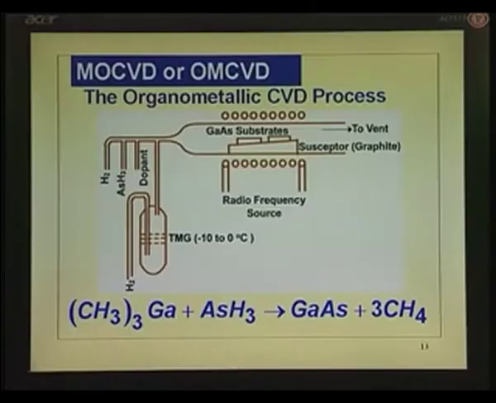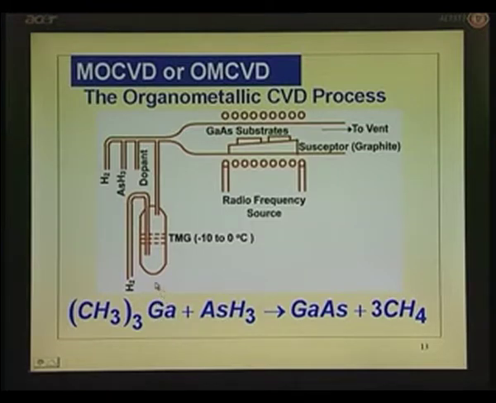Here also some deposition will be there, but major deposition will be on the substrate. See here, an organometallic compound is used for transporting gallium, and for transporting arsenic, arsine is used. Not as high purity as arsenic trichloride, but you put up with that. So, Ga(CH3)3 is trimethyl gallium.